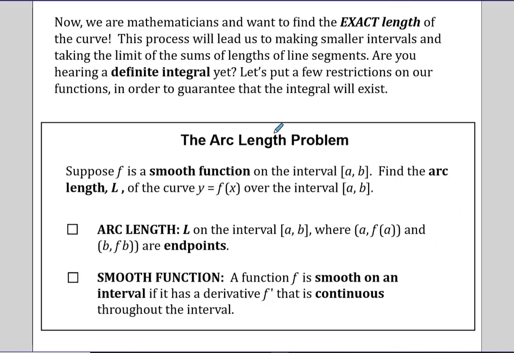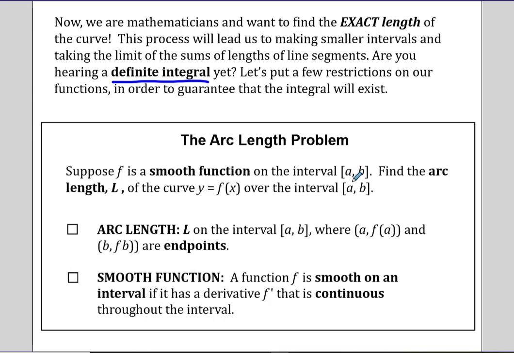Now we are mathematicians and we want to find the exact length of that curve, and this process will lead us to making smaller intervals by taking the limit of the sums of the lengths of the line segments. And you're hearing that definite integral again, right? So let's put a few restrictions on our functions. In order to guarantee that the integral exists, we have to suppose that our function is a smooth function on a closed interval.